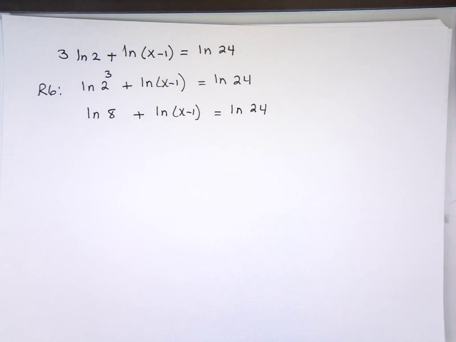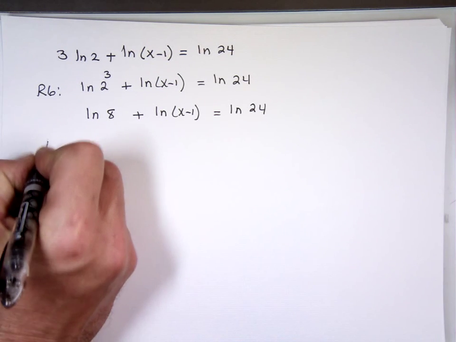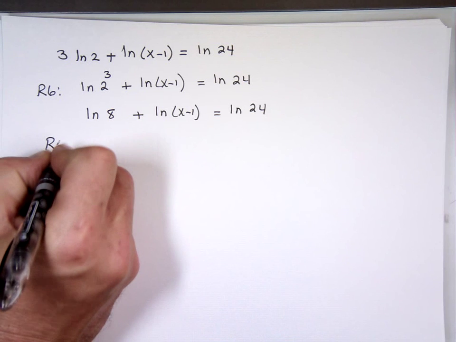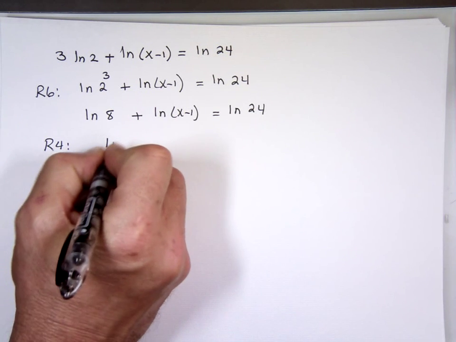Now you have addition. Addition is what? Multiplication. That's rule 4. Thank you. That's the natural log of 8 times x minus 1.